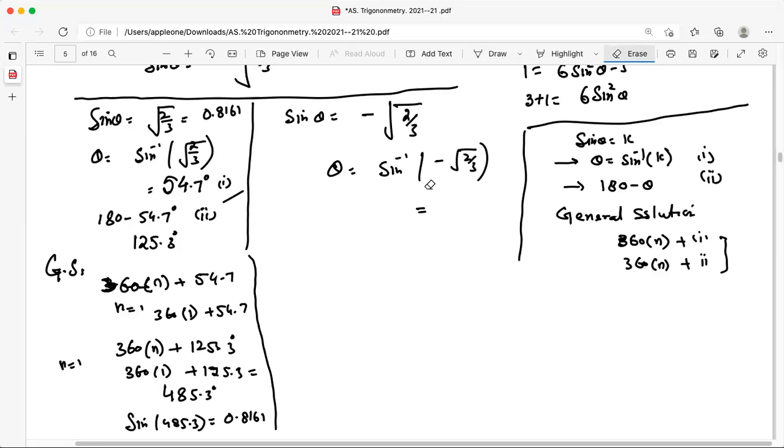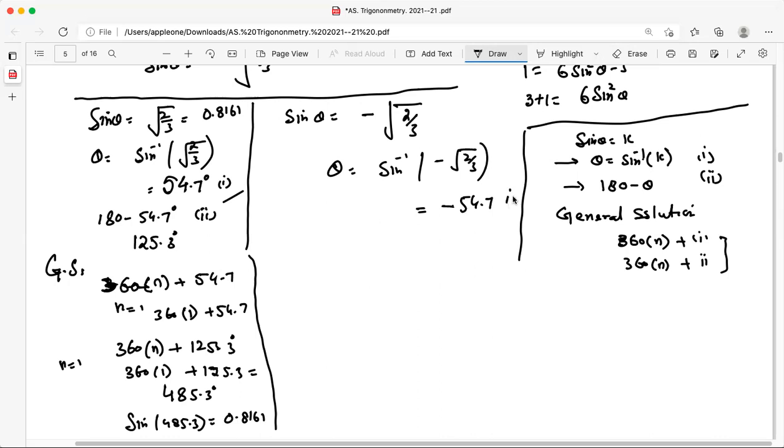Sine inverse of the fraction, square root, minus the fraction 2/3, and that's the thing which is giving you minus 54 point, correct, yes, minus 54.7.